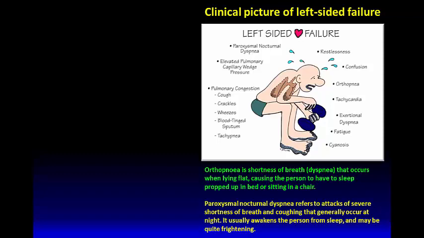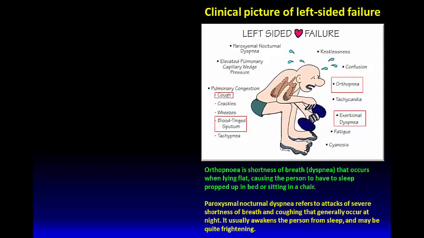Important symptoms of left-sided failure include cough, blood-tinged sputum, exertional dyspnea, which is the feeling of shortness of breath on exertion, orthopnea, which is shortness of breath which occurs when the patient lies flat, and because of this feeling, the patient would have to sleep propped up in bed or sitting in a chair.